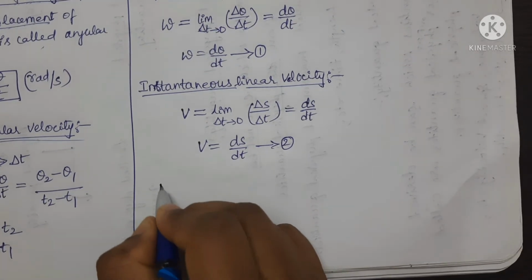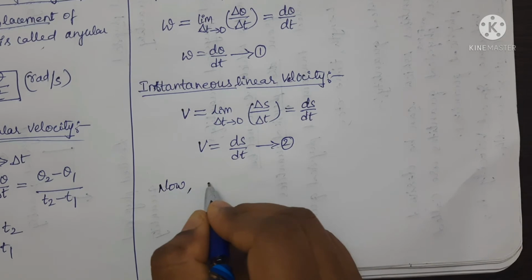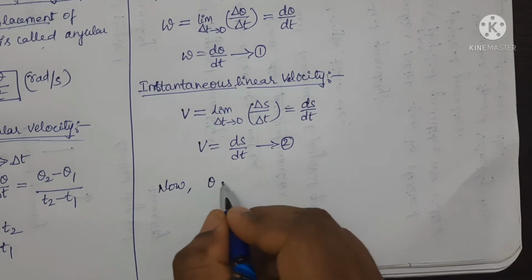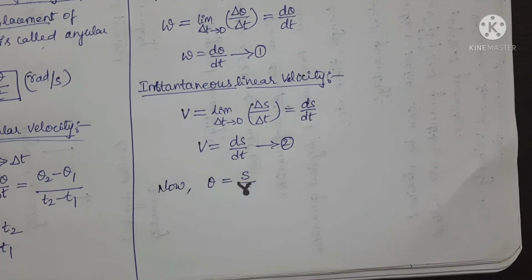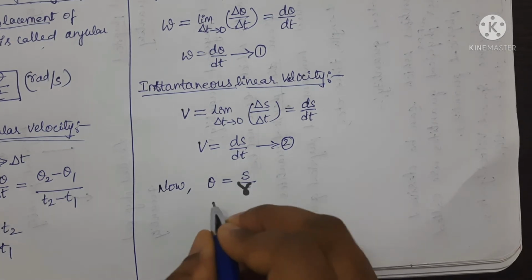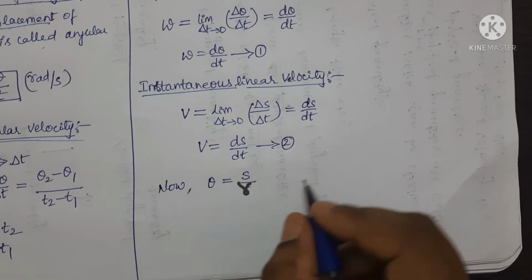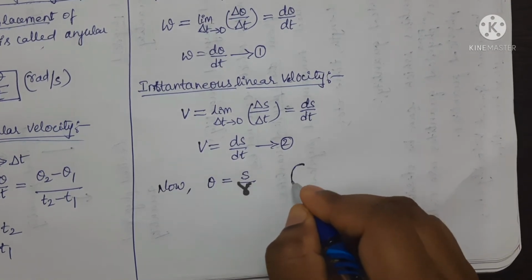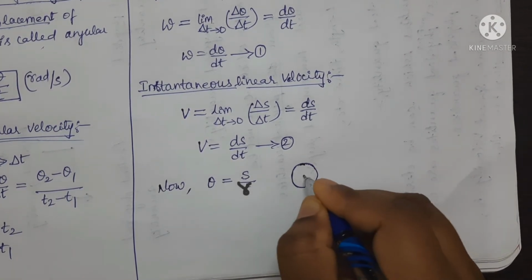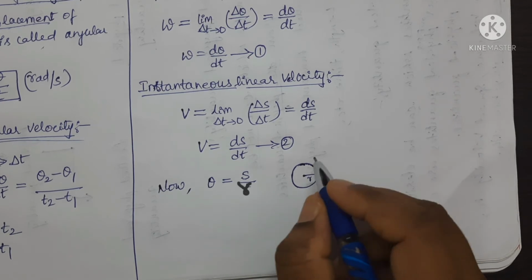Now we know the formula for angular displacement. If you want, I'll give the link in the description box, do check it out, about angular displacement. Here I want to tell you, see this is a circle of radius r.